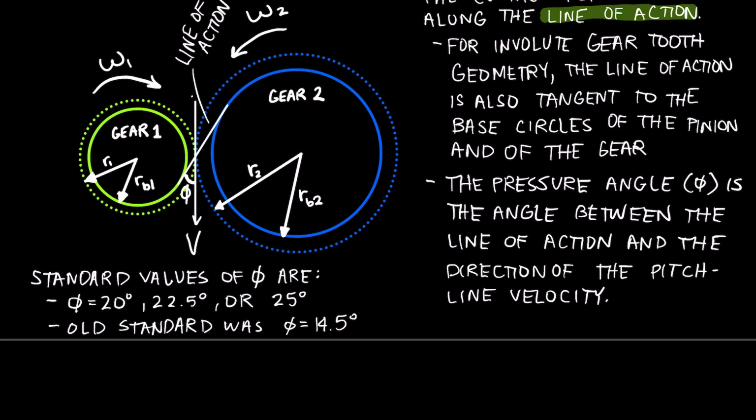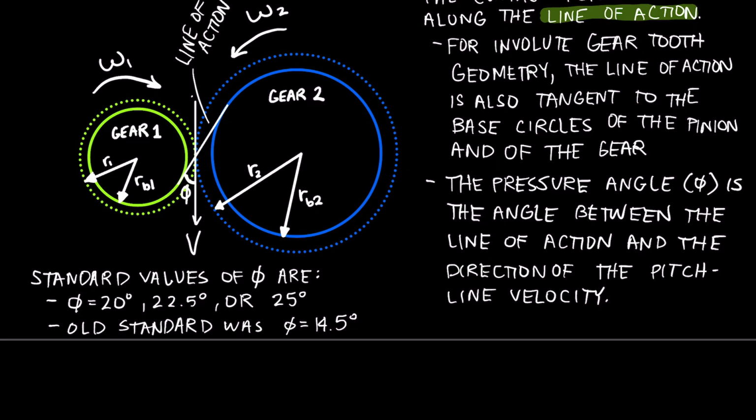So if you're working with an older system, I don't know the exact date where it flipped over, but I want to say it was somewhere around the 1970s. If you're working in an older system designed prior to the 1970s, or parts were sourced prior to then, you might have gears with a pressure angle of 14.5 degrees rather than the current standard.